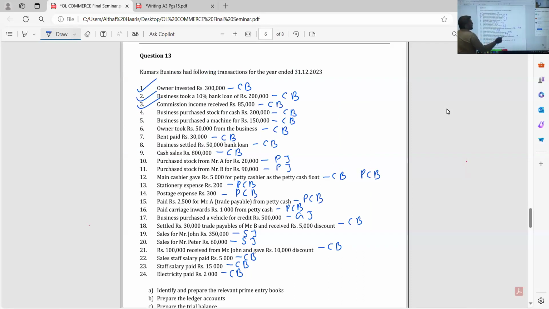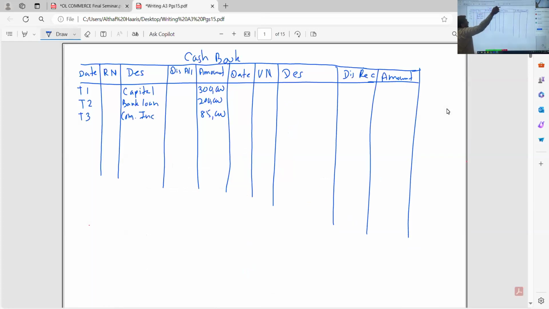Business purchases some stock. If business purchases some stock, people, is money coming in or going out? Tell me, people. It's a cash outflow. So you should write it on the credit side because your assets are decreasing. Cash asset is decreasing, people. So what's the date?